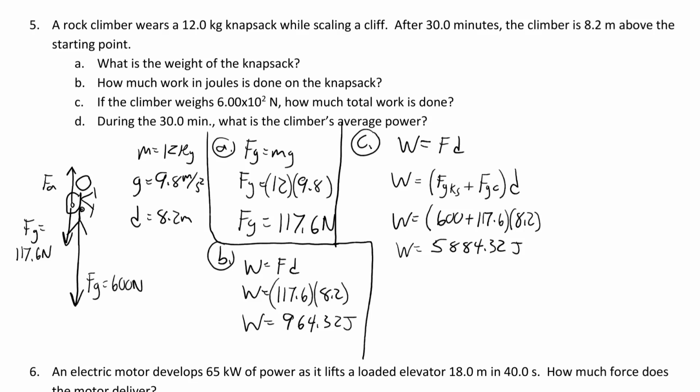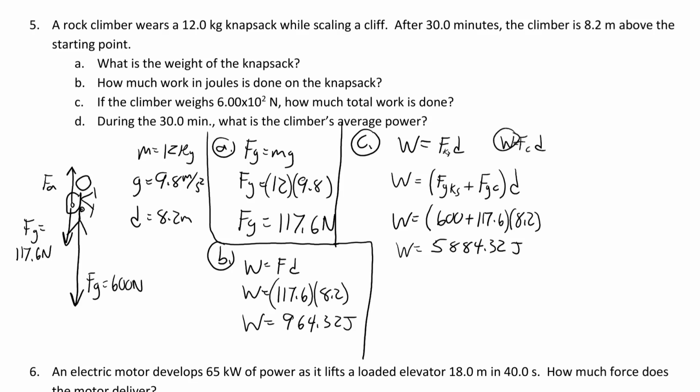I'm not really using significant figures here because I don't like to round until the end. The end game is knowing what the average power is. Also, a different thing to note is, you could have just done FD twice. So this could have been for the knapsack, and then you do the work for the climber.